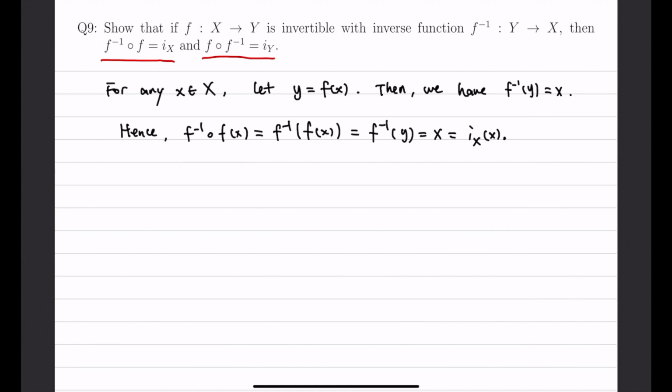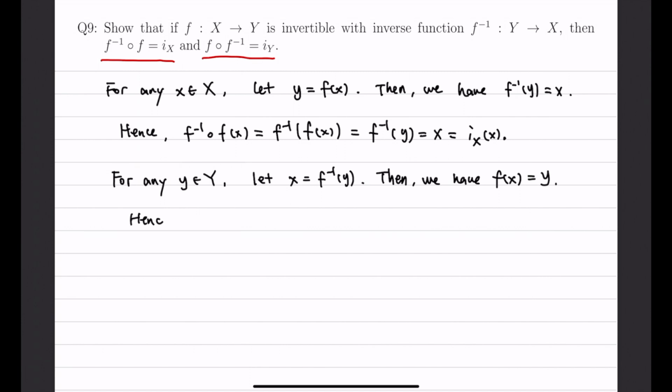Now to show the second identity, let's take any y from Y and let x be f inverse of y. So x is the image of y under f inverse. And then, since f inverse is an inverse function, we have f of x must be y.